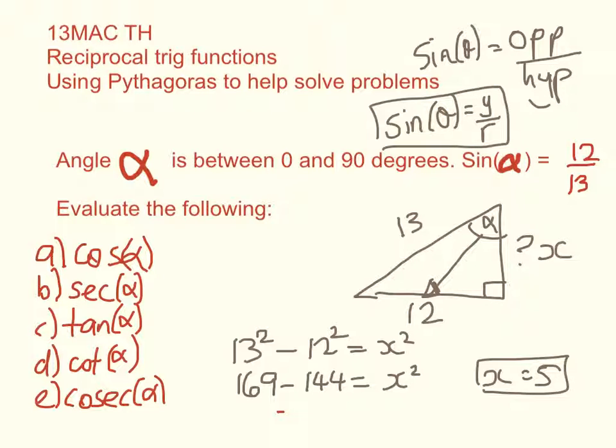So we've now found this side length. So we'll get rid of the x and magically put in 5. There we go. Now suddenly this looks like an extremely easy problem, just applying our definitions of ratios. So I'm going to do those on the next slide.